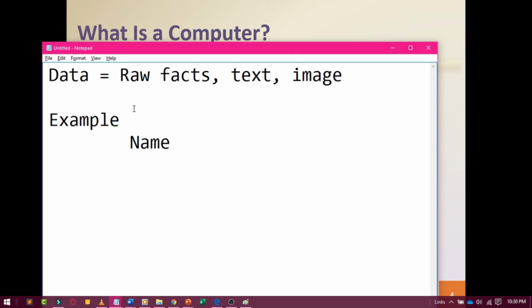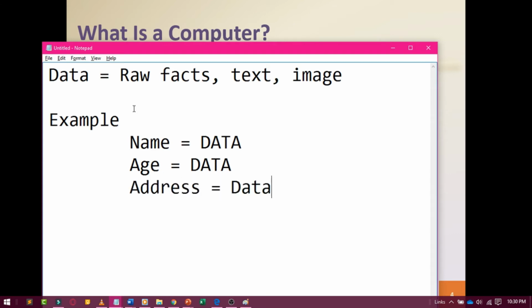That is a data. Name is a data. An age is a data. An address is a data. Data lang sila.